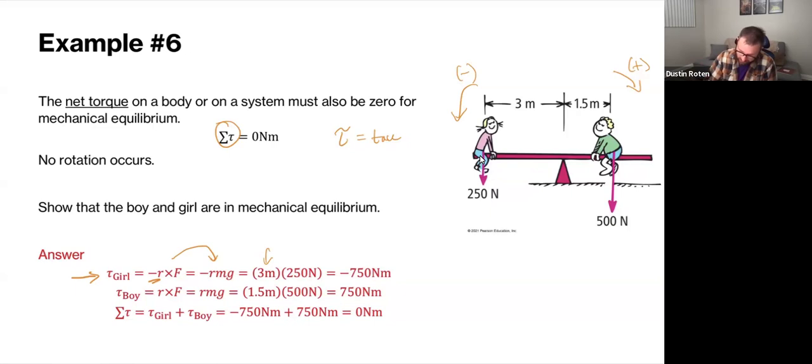Her weight is 250 newtons, and that's going to equal negative 750 newton meters. Now the boy, same thing. His lever arm is shorter, 1.5 meters, and he also weighs more. He weighs 500 newtons. So his rotation this way, his torque is 750 newton meters, but it's positive. So if we add the girl's negative 750 to the boy's positive 750, we show that this is in fact in equilibrium.